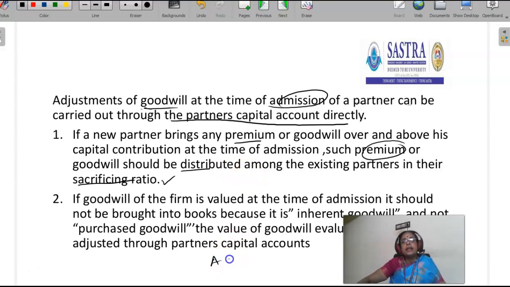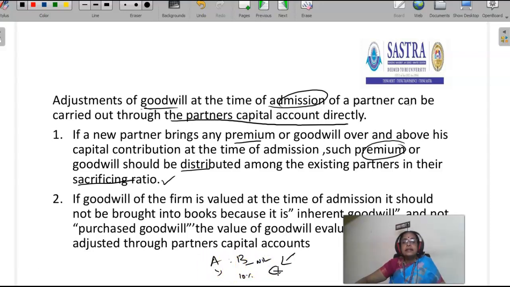Sometimes there are two partners, A and B, in a firm. C is admitted as a new partner. A sacrifices the entire amount of his share. Suppose 10% is the sacrifice made by the partners. This whole 10% is sacrificed by A. B's sacrifice is nil.